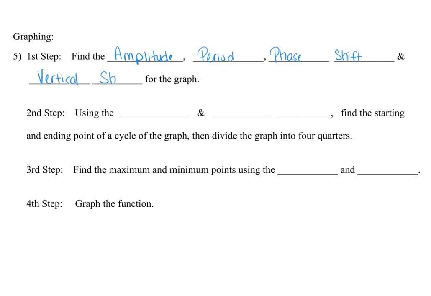So you're going to write all of that out before you start graphing, all right? You are going to use your period and your phase shift to find the starting and ending point. And I'll show you how to do that in just a second.